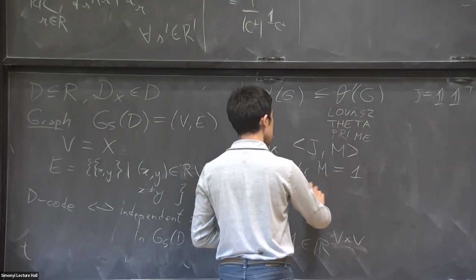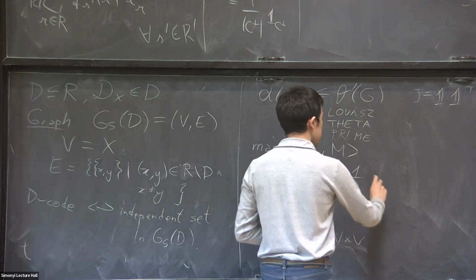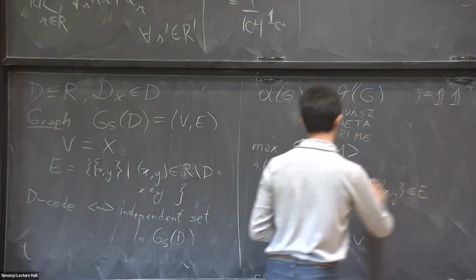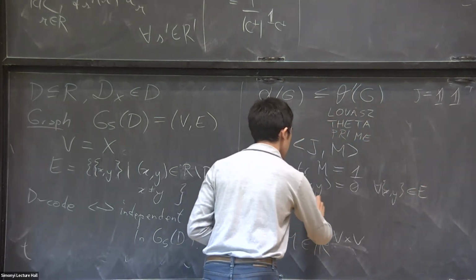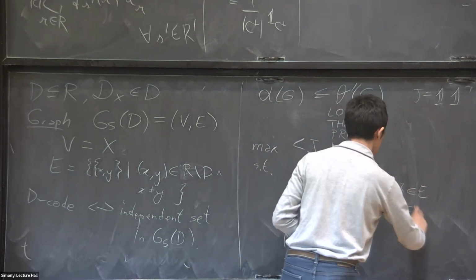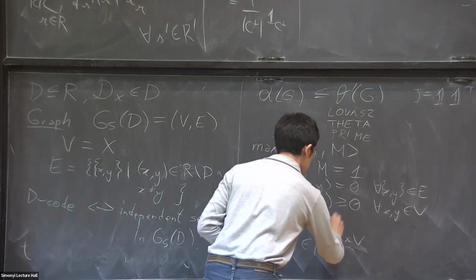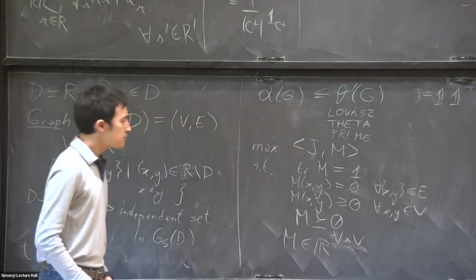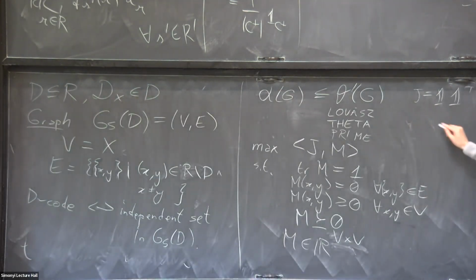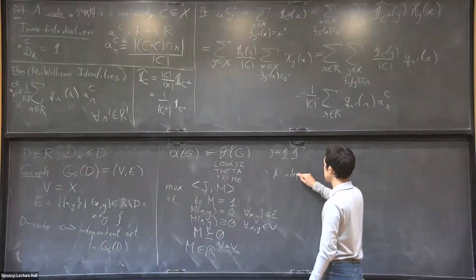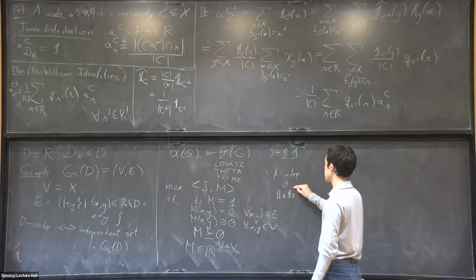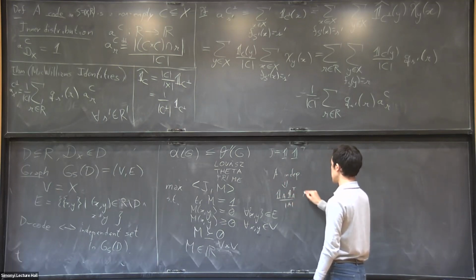We're going to say M_XY is 0 whenever it's an edge. We're going to say that M_XY is always greater than or equal to 0 for all X, Y. We're going to say that M is positive semi-definite. Okay. So it is not too hard to see that if I give you an independent set, so if A is independent, then 1_A 1_A transpose over |A| is feasible.